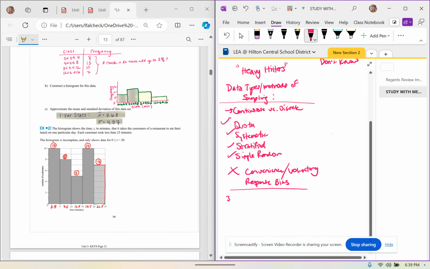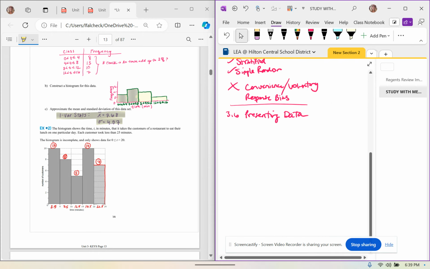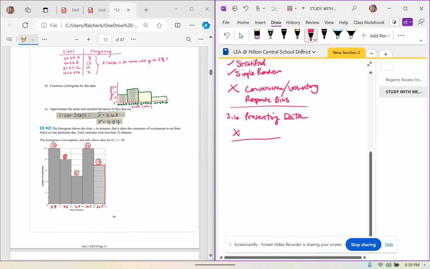So we're now in 3.6, presenting data. So you have your X list. You have your frequency list. These are in groups. All right.